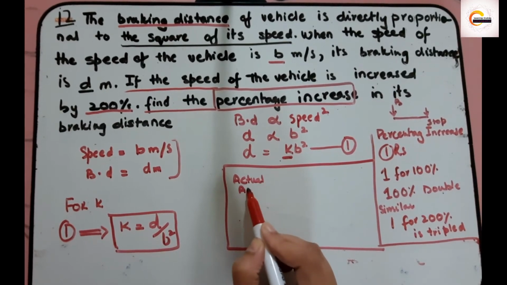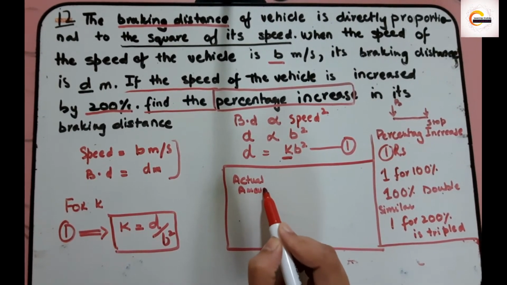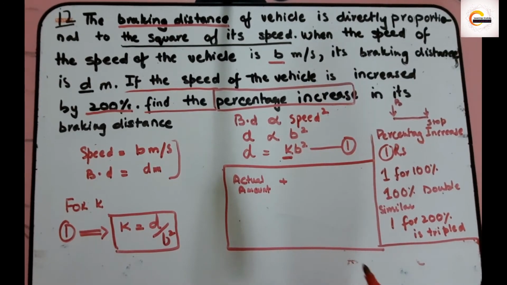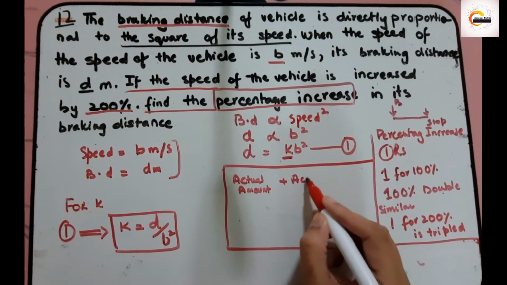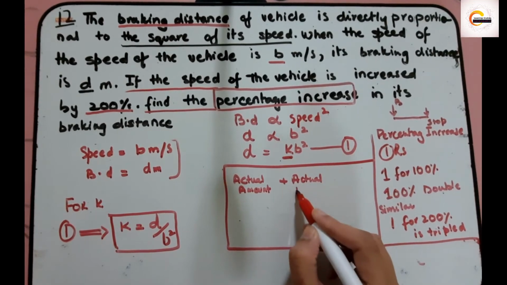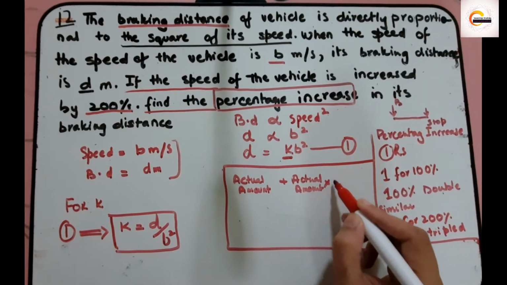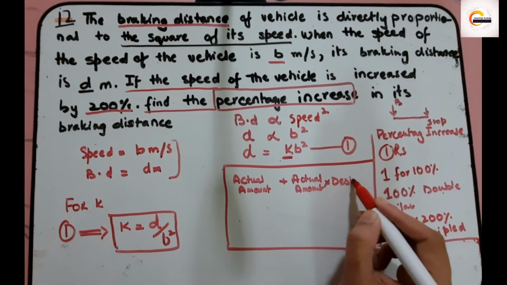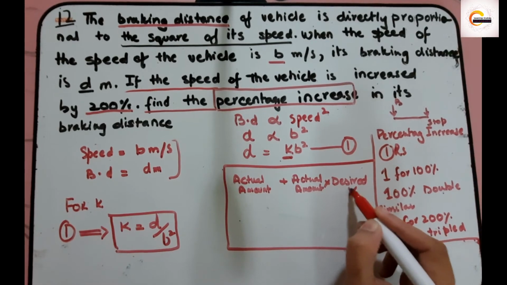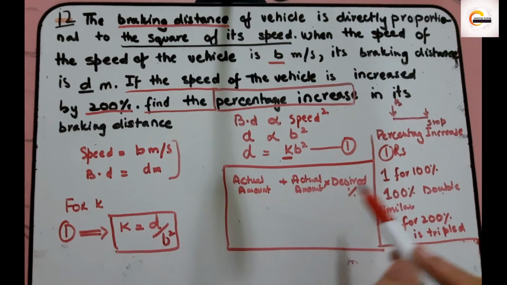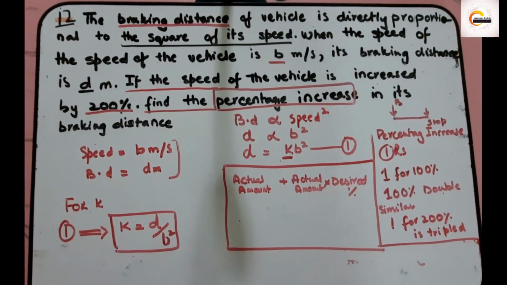Actual amount plus actual amount into desired percentage. So through this formula, we can calculate any percentage increase in the actual amount.